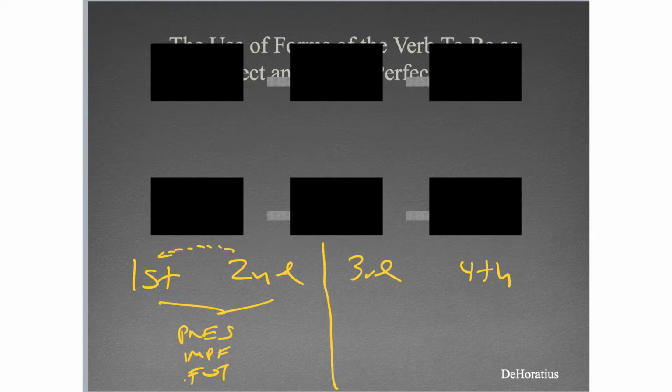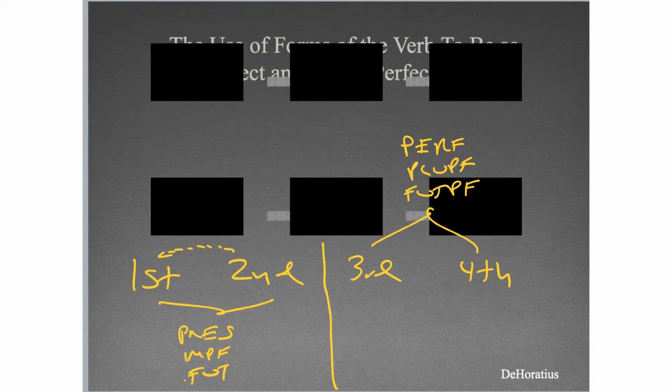So on the left side of that line, first and second principal parts, we deal with those three tenses. On the right side of this line, for third and fourth principal parts, we're also going to be dealing with three tenses: the perfect, the pluperfect, and the future perfect.